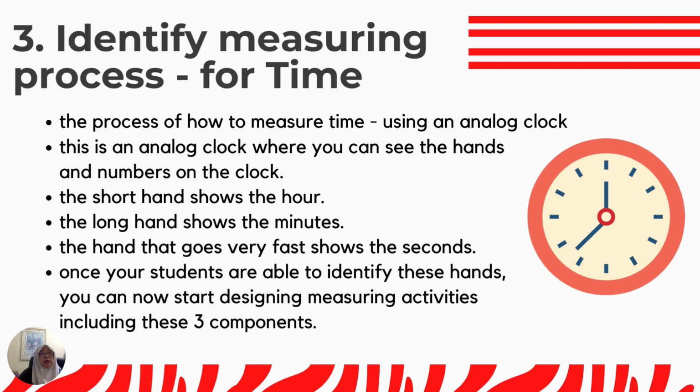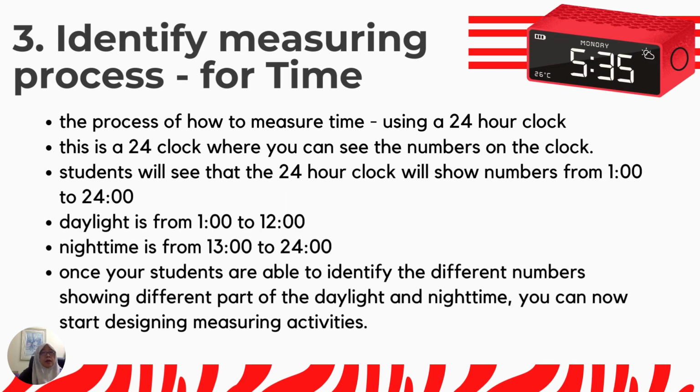It depends on your textbook when you are teaching your students in the future. So the hand that goes very fast will show the second. Once your students are able to identify these hands, you can now start designing measuring activities, including these three components or including the two main components, the short hand and the long hand.